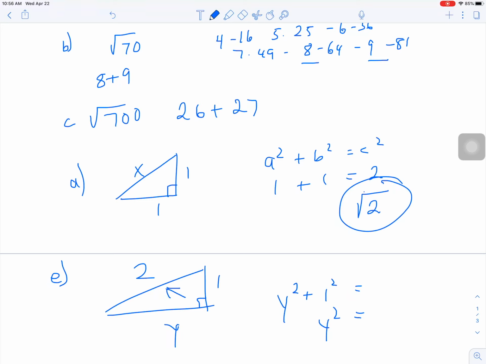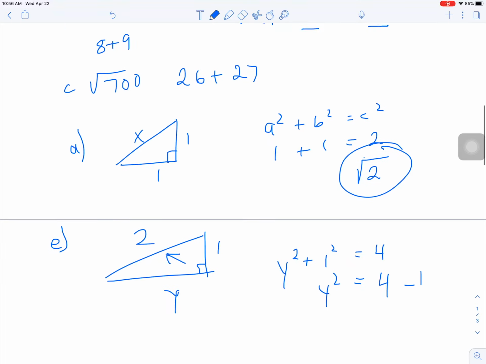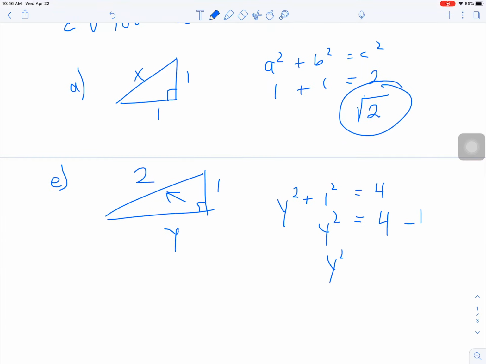Sorry, I'm going too fast for myself. So y squared equals 4 minus 1. So y squared equals 3. Now we have to square root these. So our answer, y equals the square root of 3.